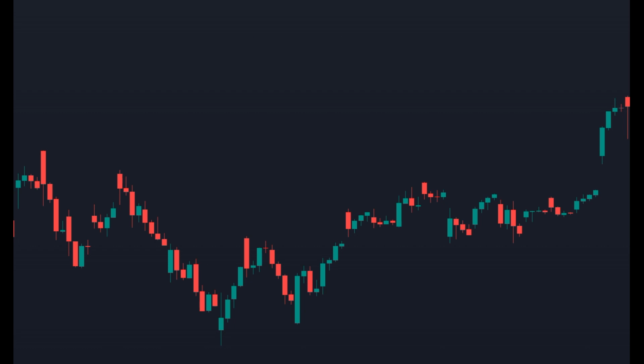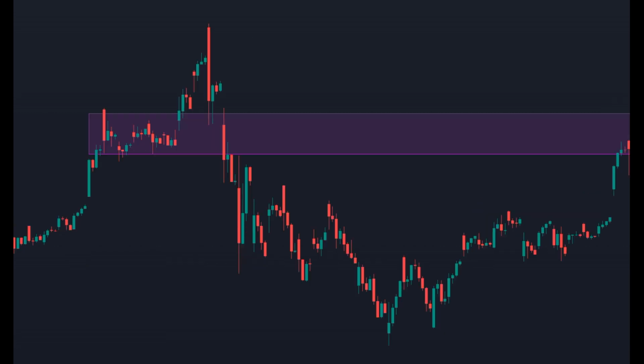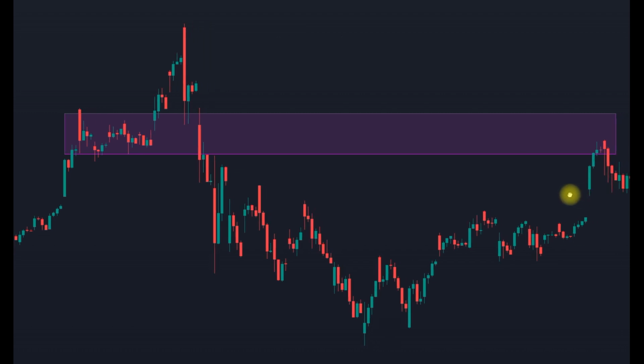This is an indication for the bears taking over again. So we could enter a short position here as well. I've drawn in the resistance level here, so you can see it could be a good point for the market to change into short. Now let's see if the trade would have worked.